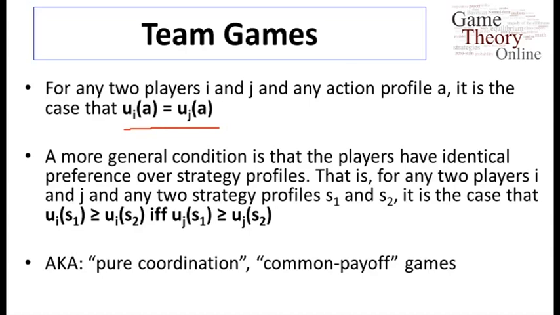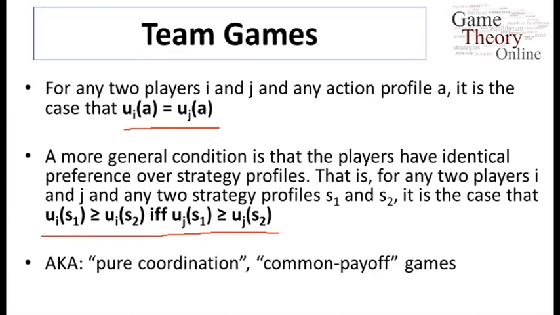More precisely, we need to speak about having the same preferences over all the mixed strategy profiles, or over all the lotteries over action profiles in the game. And so the full definition is the following.